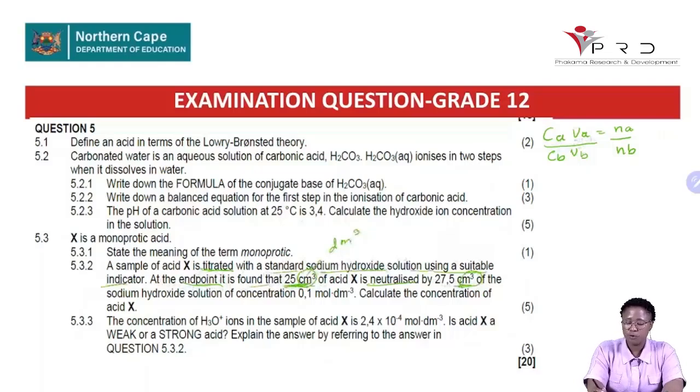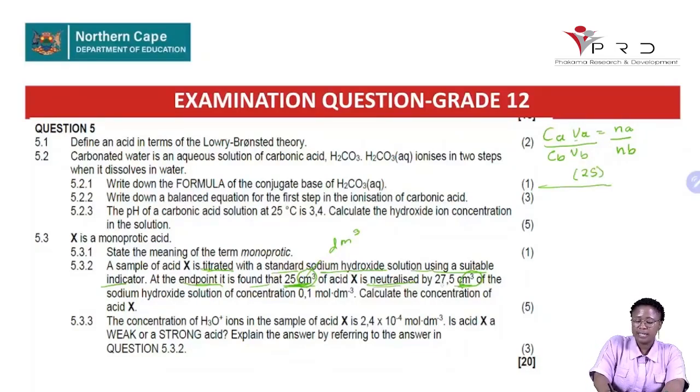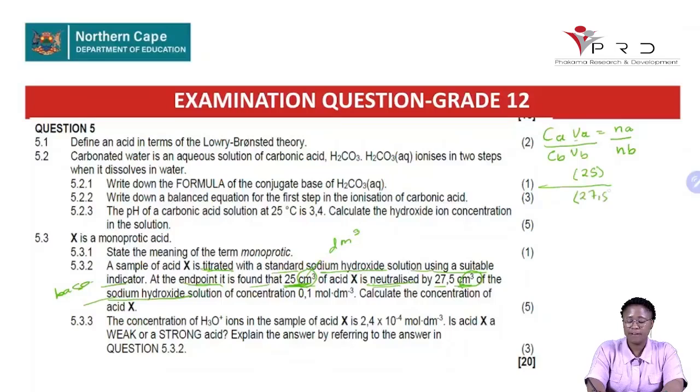So under the volume of the acid, I'm going to put the 25, then it is neutralized by 27.5 decimeter cubed of sodium hydroxide. Remember, sodium hydroxide is a base, so under the volume of the base, I'm going to write 27.5.